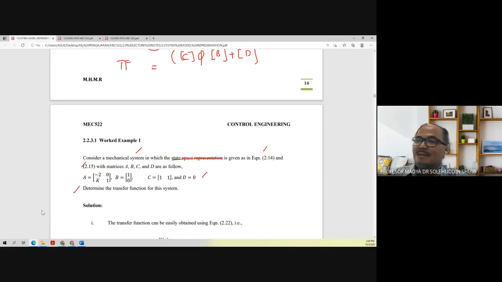So you can try to do it. I'll give you 4 minutes. Try to figure out how to find the transfer function of this system.